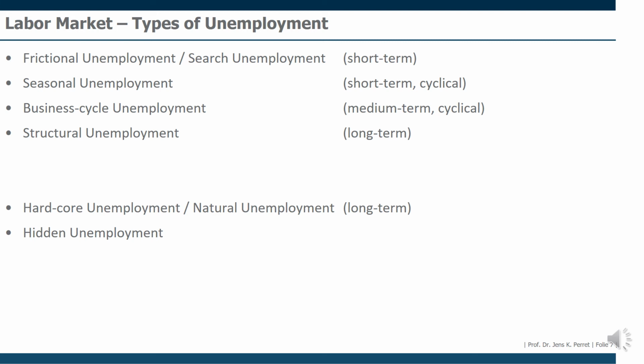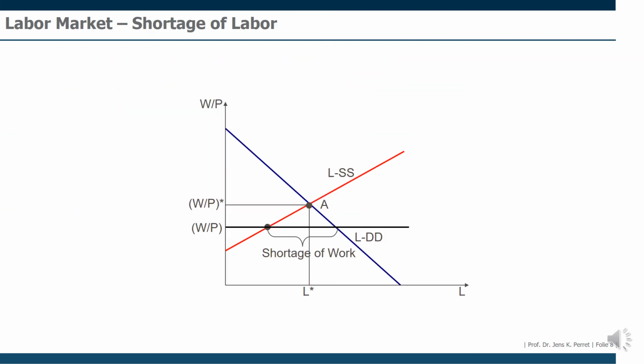Well, aside from these types of unemployment, we could even have the exact opposite problem. We can have a shortage of labor, which usually results from a situation where the wage is too low or perceived to be too low. Because then for this wage, fewer people want to work than are wanted by the companies.